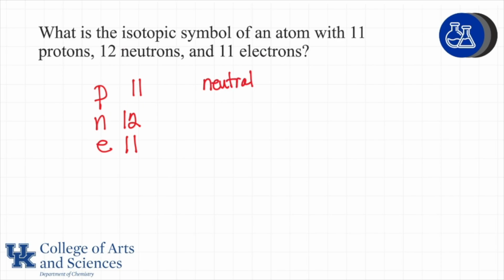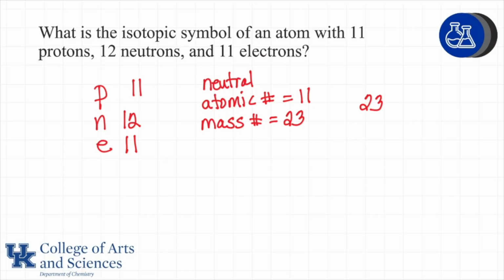So we know that it is a neutral species because it doesn't tell us anything about a charge. We know that the atomic number must equal 11 because the number of protons is 11. And we know that the mass number is 23, and we find that by adding the number of protons and the number of neutrons.